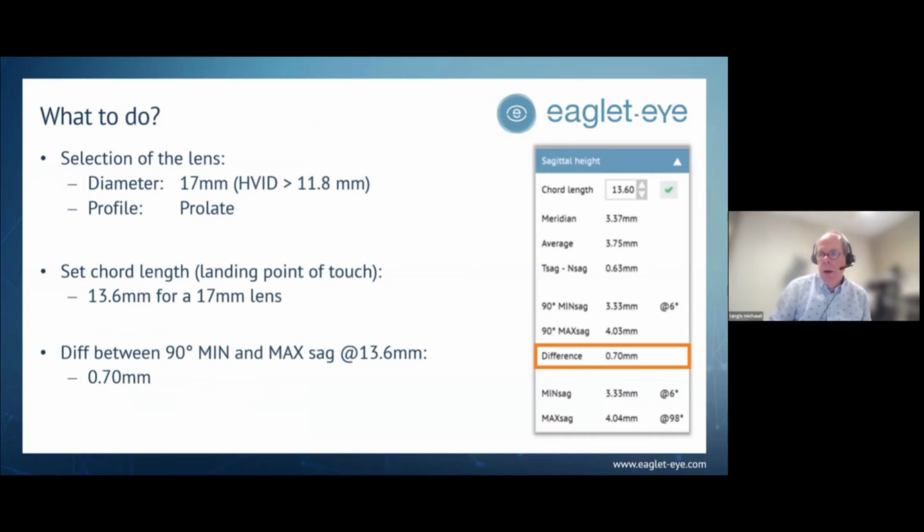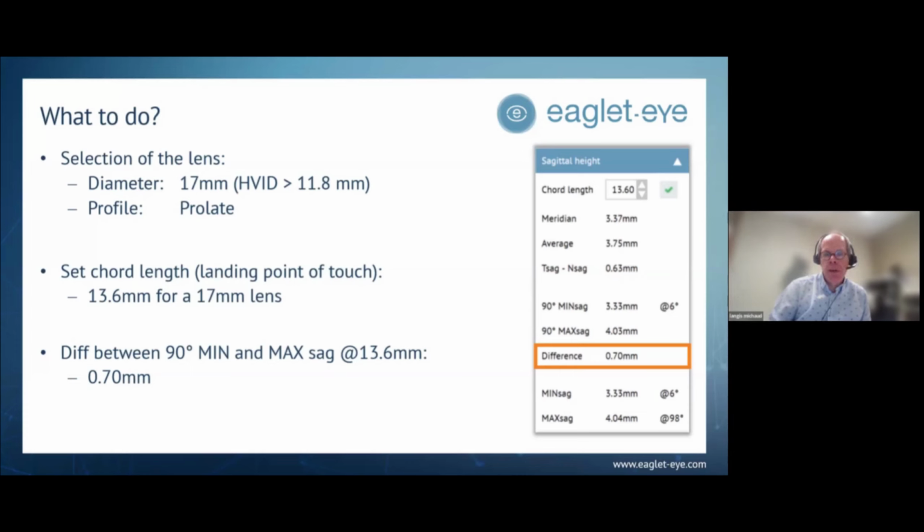I really like the smaller lenses. Habitually, I played a lot with 15.5, 16 millimeter lenses. It's my go-to diameter, but in that particular case, I really wanted to be a little bit larger. Prolate, because based on the scan, I didn't see a lot of oblate shape at the corneal level, so a prolate design would make the job.